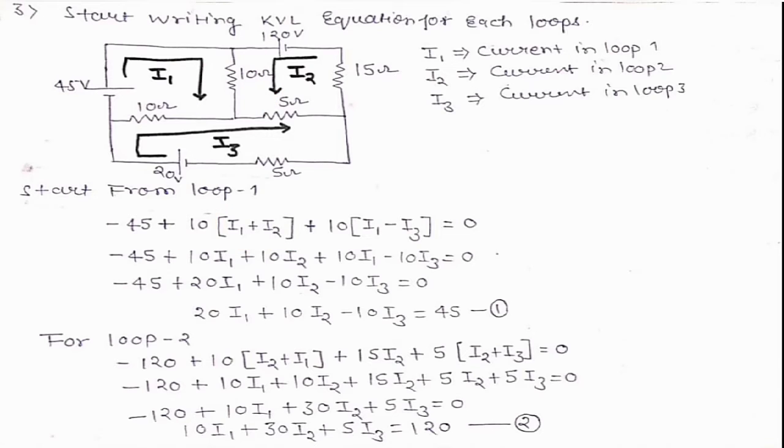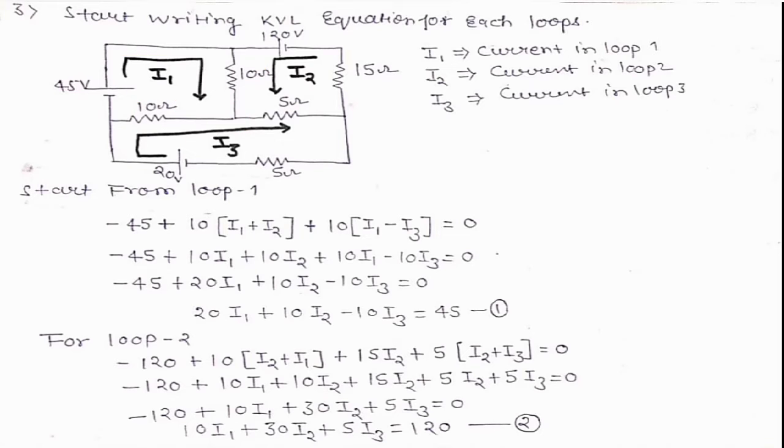So I go from the minus 45, then the current flows through this 10, where two currents are flowing, so I1 plus I2, and because we are talking about loop 1, we get 10 times that.